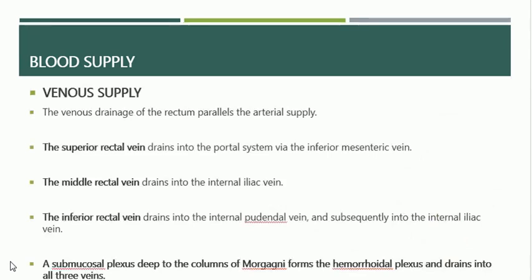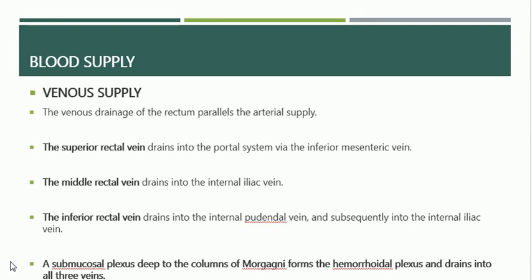What is the venous drainage? When we say blood supply, another aspect of blood supply is venous drainage of the rectum. The venous drainage of the rectum parallels the arterial supply. So we can say superior rectal veins, middle rectal veins, and inferior rectal veins. The superior rectal vein drains into the portal system via the inferior mesenteric vein.